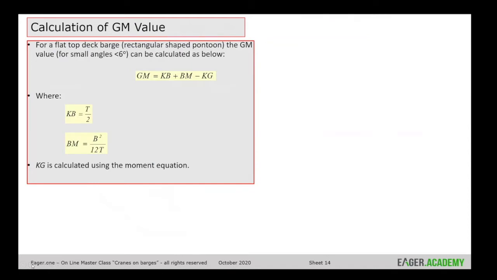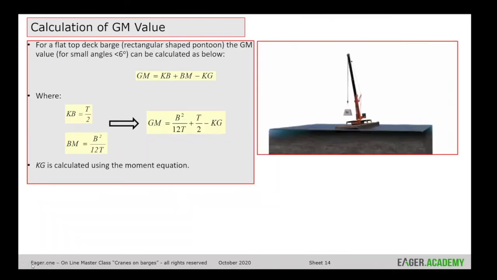Now, if we go to the next step, whereby the GM should be calculated, another simplification is that the KB, when you have a box-shaped barge, and it's applicable for relatively small angles, less than 6 degrees, you can say that the point of buoyancy is about half of the draft of the vessel.